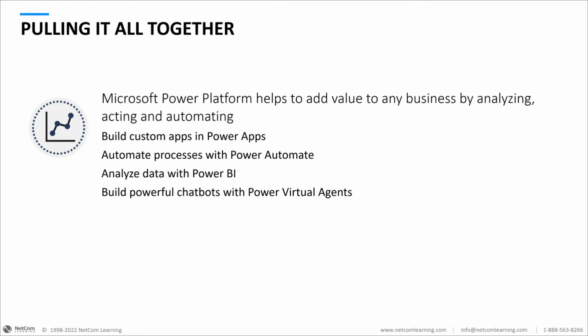The Power Platform can add value to any business by helping you analyze, act, and automate any data. It's there to help you produce information efficiently and quickly. You can act by building custom applications in the Power Apps platform. You can automate business processes based on the types of data you've collected in Power Automate, and analyze that data in Power BI.